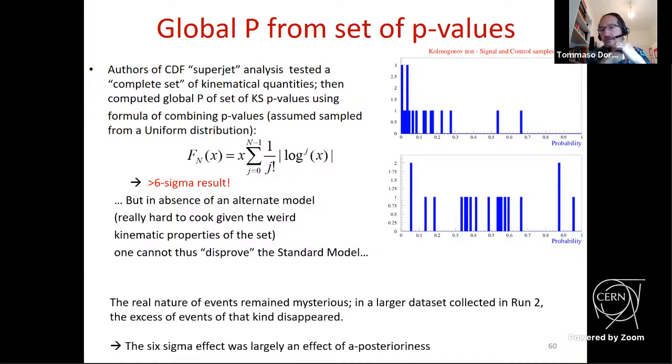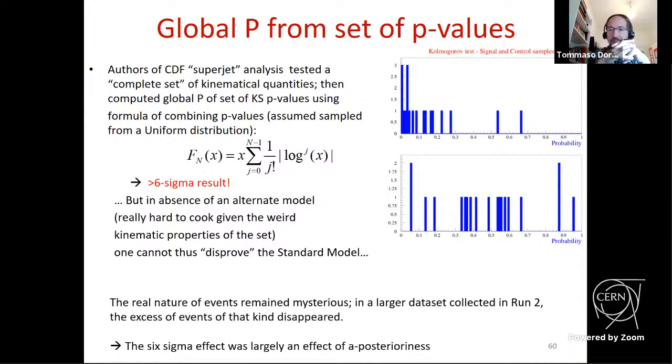The point is that if you don't specify beforehand, you have to look at the fact that you could have selected your region of interest in a gazillion different ways. So you have a very large trial factor. So the look elsewhere effect comes into play, if you want.